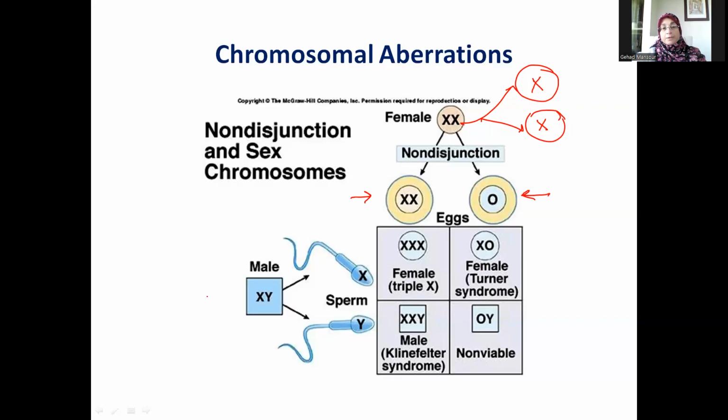And here we suppose that we have a normal male with a normal sex chromosomal structure who is forming the gametes or the sperms during meiosis. So 50% of the sperms will contain X chromosome, and the other 50% will contain Y chromosome.